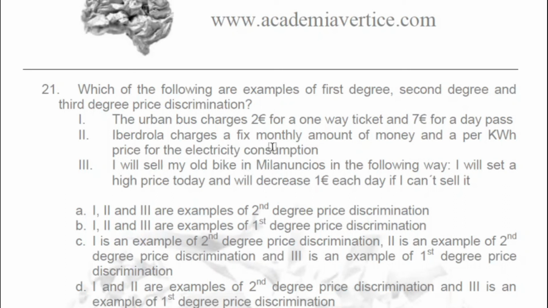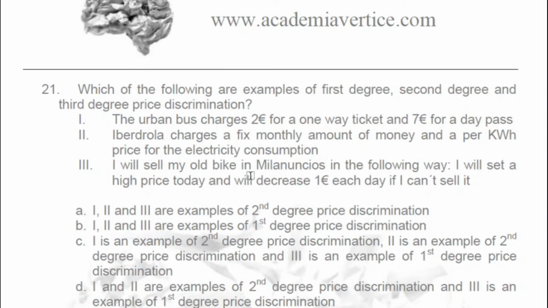Iberdrola charges a fixed monthly amount of money and a per kilowatt-hour price for the electricity consumption. This is clearly second degree price discrimination. I usually do, when I have time, one of these exercises for you, but I think this is one of the most complicated, if not the most, of the subject. So this is clearly second degree.